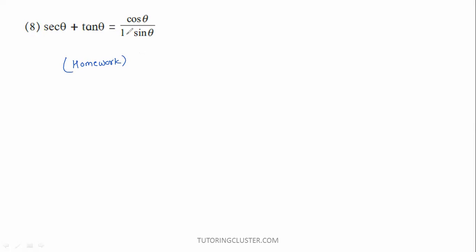So this is 1 minus sin theta. Okay, so you can try this. What you have to do, check the denominator, 1 minus sin theta. So multiply and divide with 1 plus sin theta. You will get your answer.